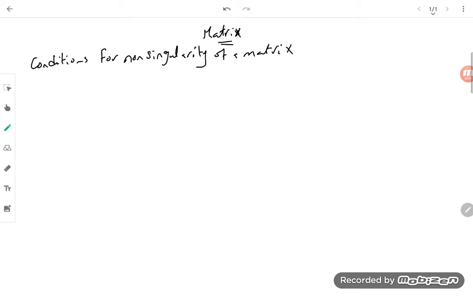What's meant by singularity of a matrix, or a singular matrix? Singular means that the matrix has no solution.